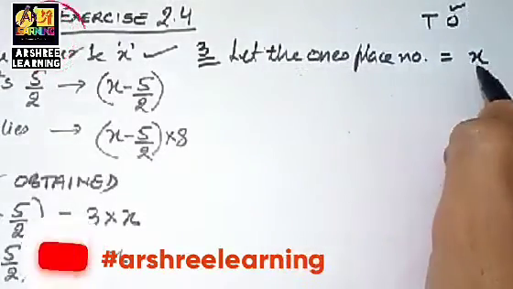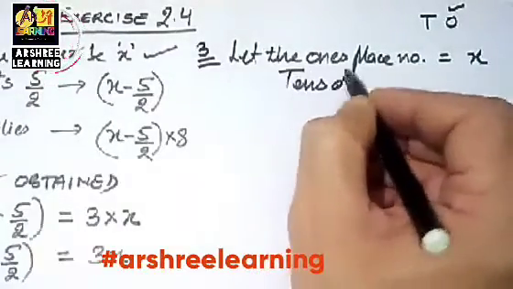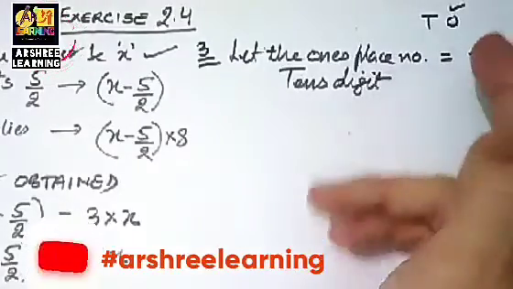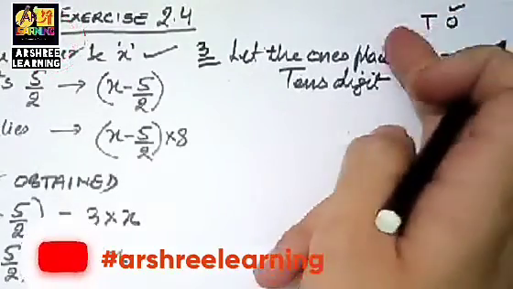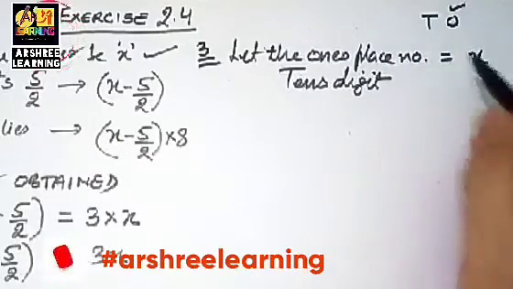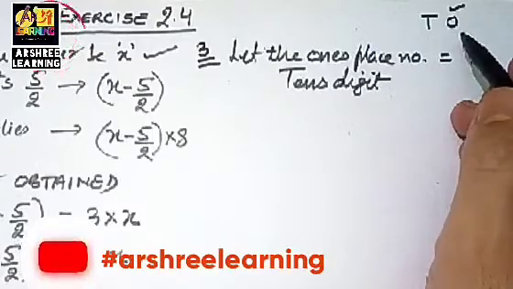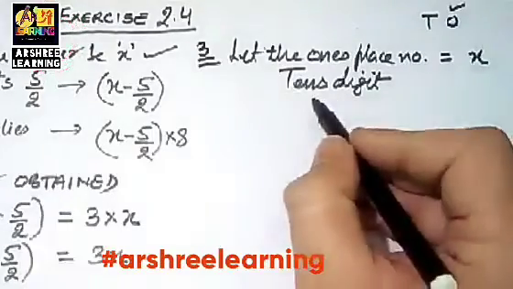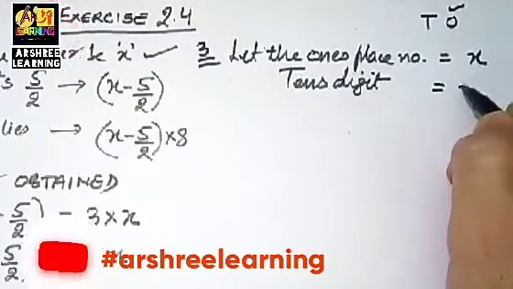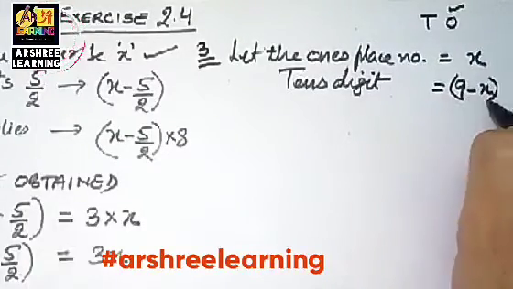Since the ones place is x, what will be the tens digit? If you add the two numbers, ones number and tens number, the total is 9. So the tens digit will be 9 minus x.